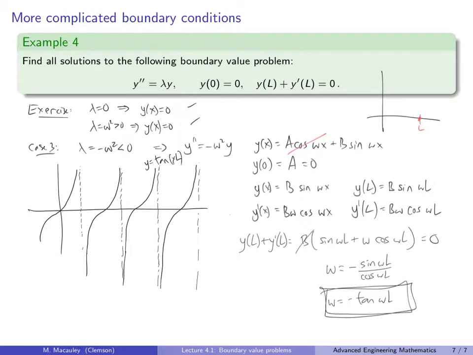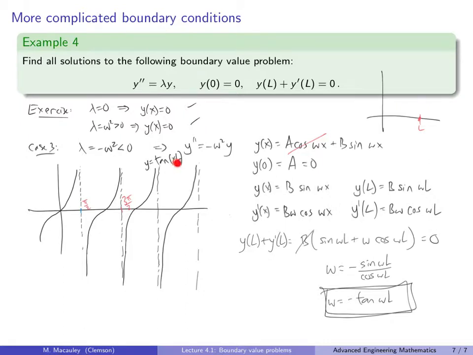xL. Okay, so normally these things would be from negative pi over 2 to pi over 2. So normally this should be pi over 2, and this would be 3 pi over 2, and so forth.